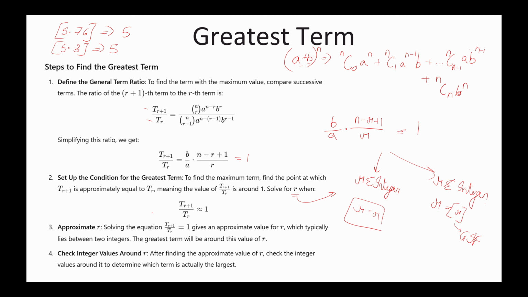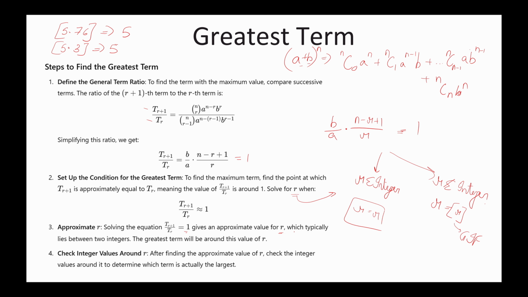But I have to approximate this ratio somehow to 1. And at whatever value of r we get, if I find the term I'm trying to find, that would become my answer. As mentioned here, solving the equation t_(r+1)/t_r = 1 gives an approximate value of r. Of course, if I directly get an integer, there's no problem.